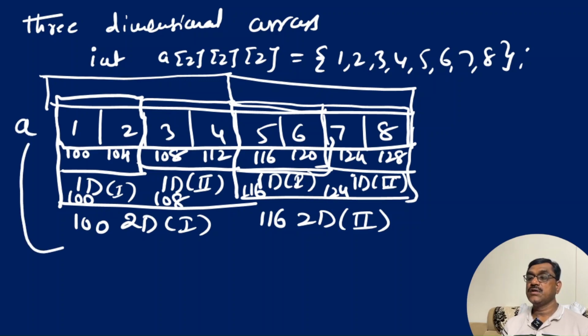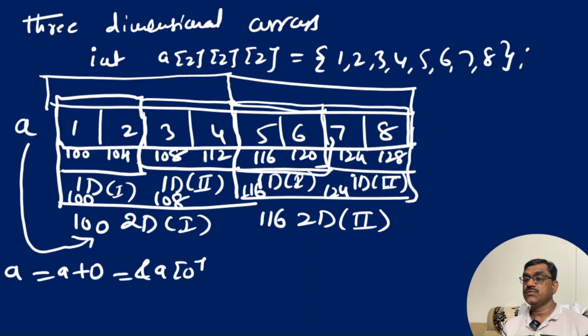This A is pointing to this 100. That means A, or we can say A plus 0, is nothing but ampersand of A of 0, which equals 100. This A of 0 means the first two-dimensional array. The address of the first two-dimensional array is how much? 100.